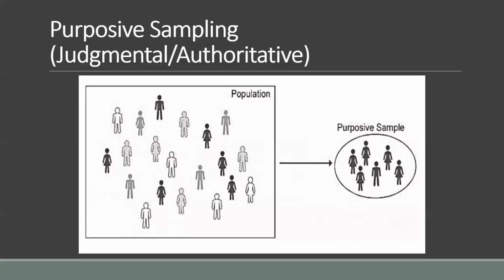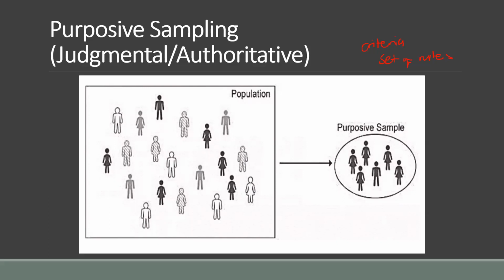The first one that we have here is the purposive sampling, which is also known as the judgmental or authoritative type of sampling. So with this type of technique, the elements of the samples are being selected according to criteria or a set of rules. So let's say from these individuals that you have for your population, you will be selecting those that are hypertensive.